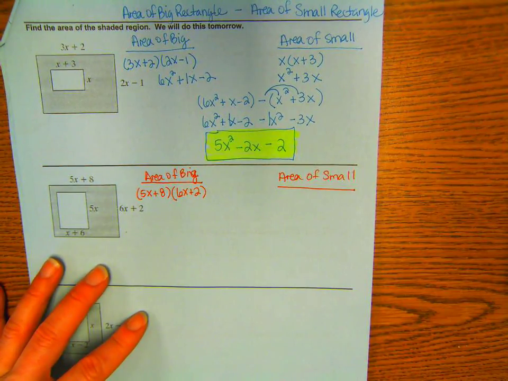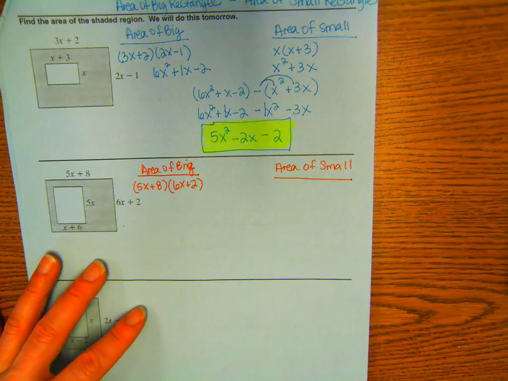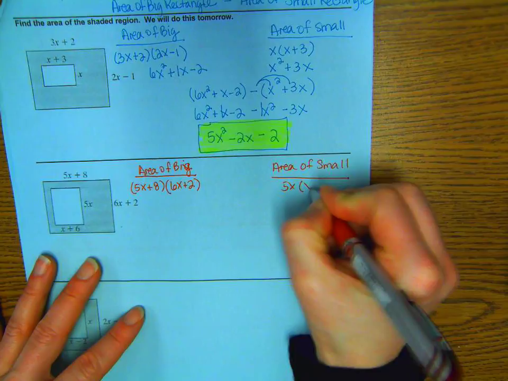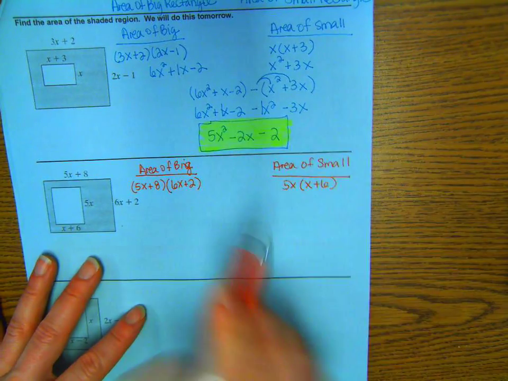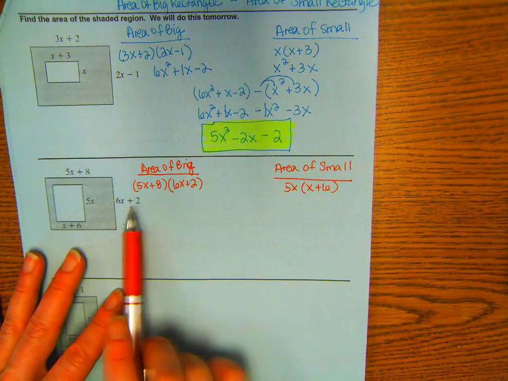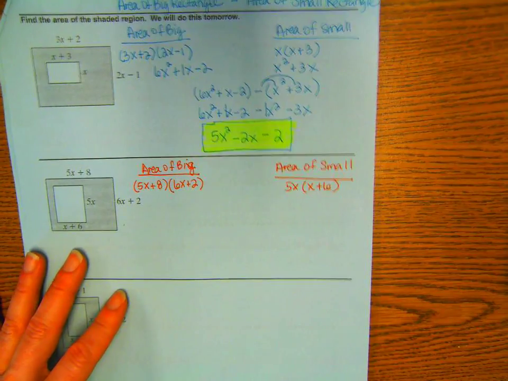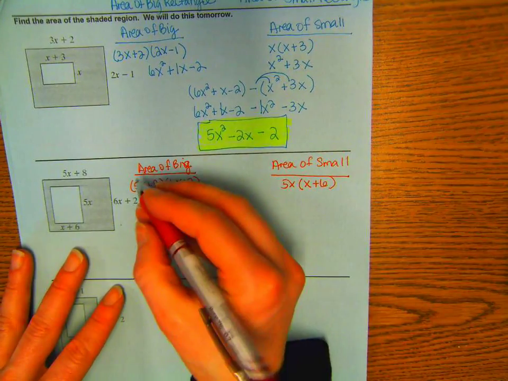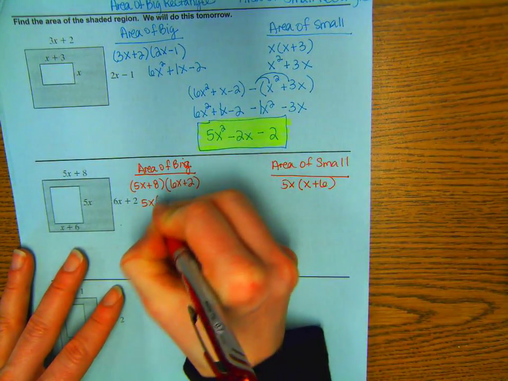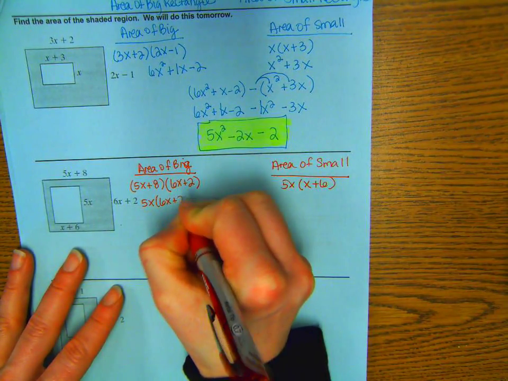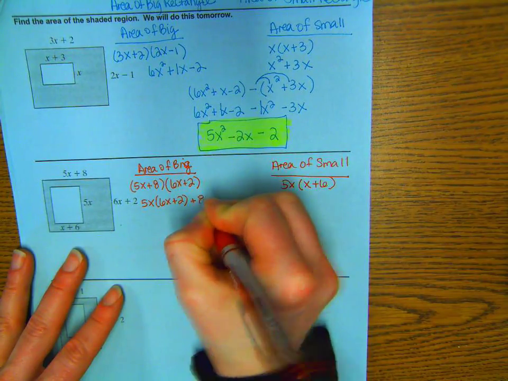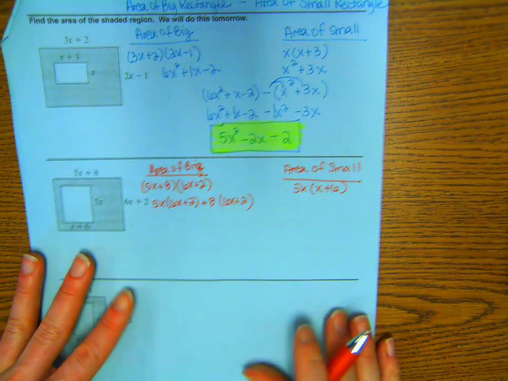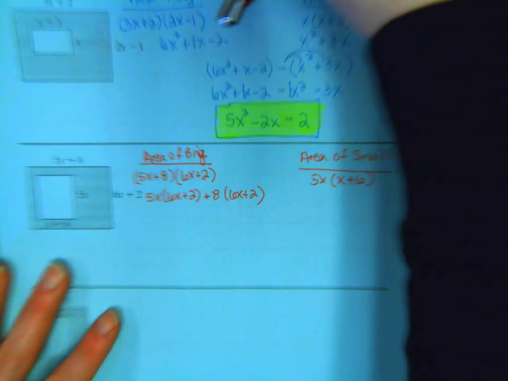Good. All right, so this one, you can either make a box or do extended distributive property. I'm going to do extended distributive property. So I'm going to do 5x times 6x plus 2 plus 8 times 6x plus 2. If you would rather do the box, you can do the box, if that's easier for you.